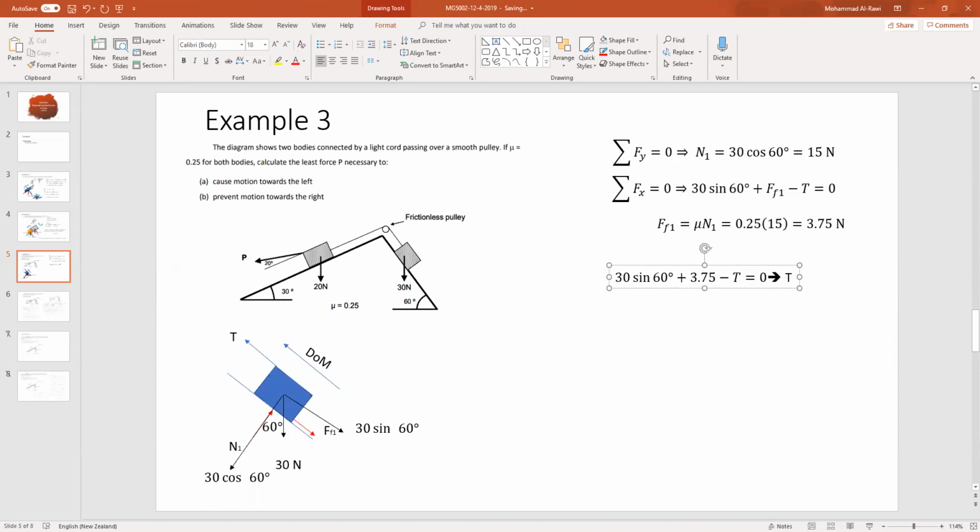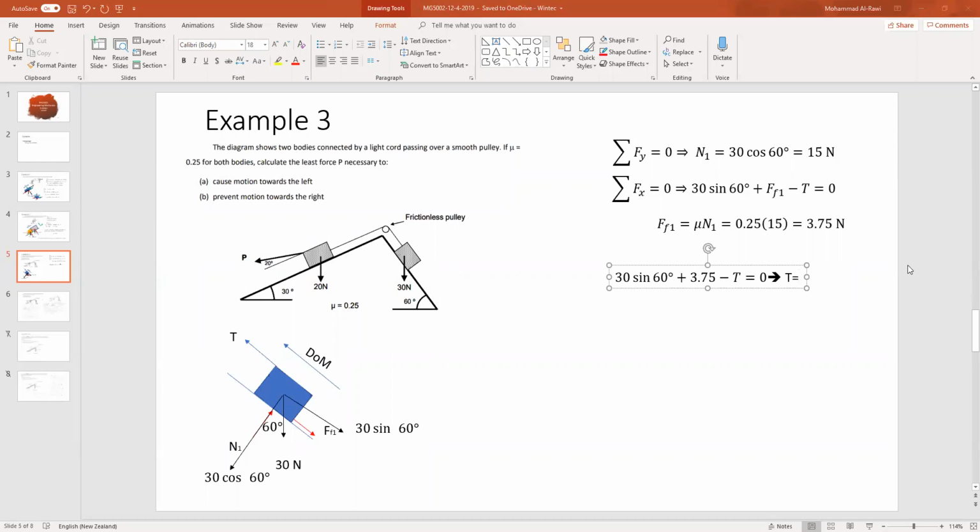T equals the summation of these forces, so you have 30 times sine 60 degrees, which equals, can you get me the answer, guys? I'll wait for you to give me the answer.